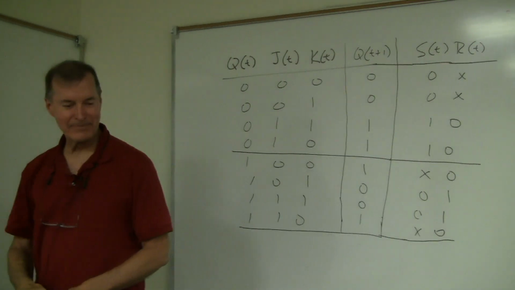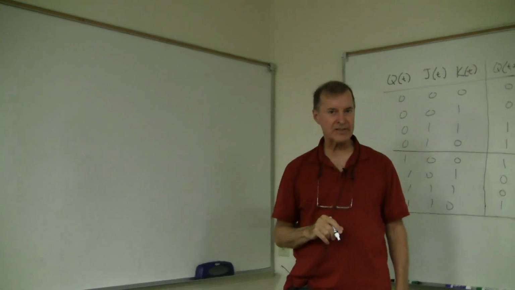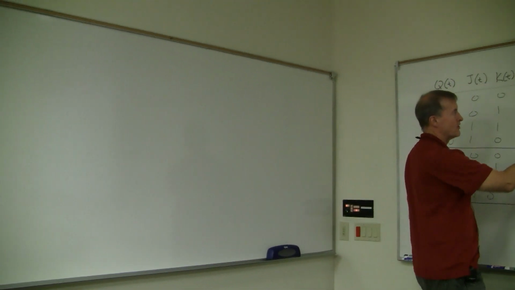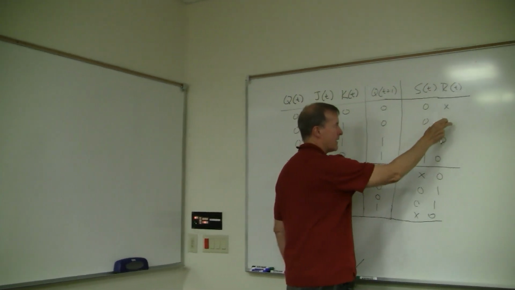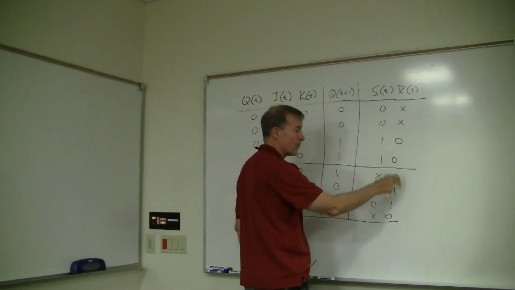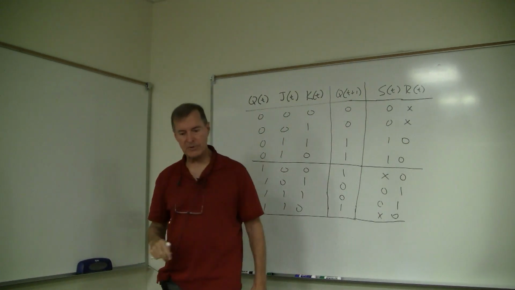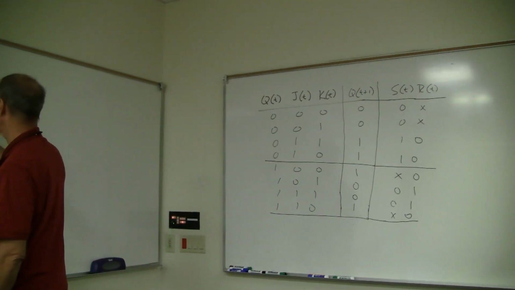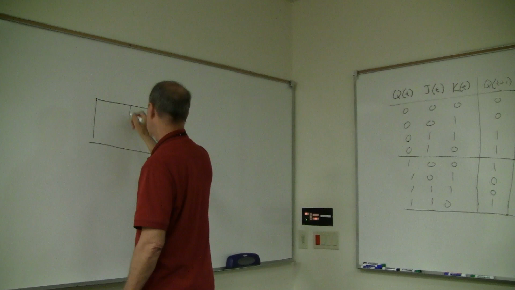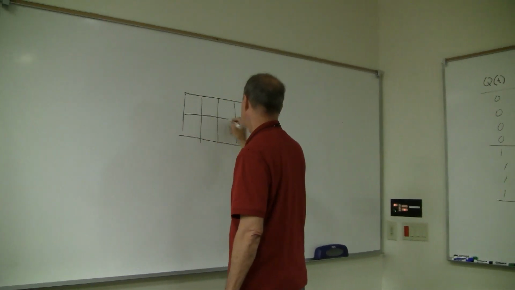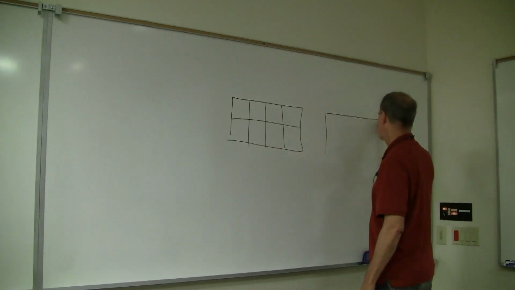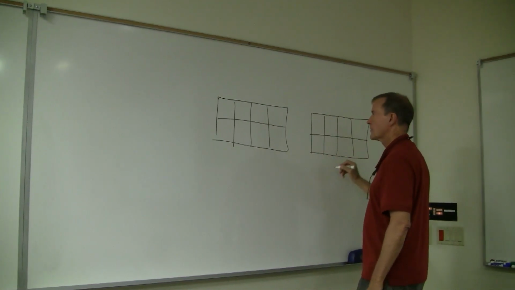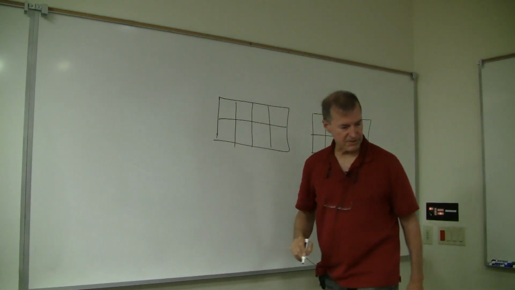Now what we have to do is construct the circuit. So now we're going to have one Karnaugh map for S and another for R. We have to design a circuit for S and a circuit for R. All right, so here we go. Let's do the Karnaugh map for S. So we'll do the maps here. Let's see how we want to label these.